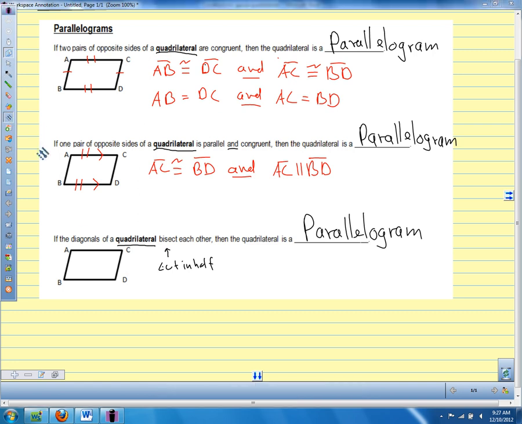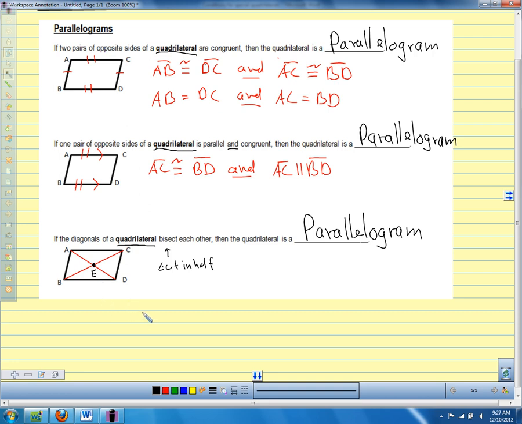So let's draw in our diagonals. I'll make them red here. And I'm going to put a point in here. Let's call this point E. So that point is point E.